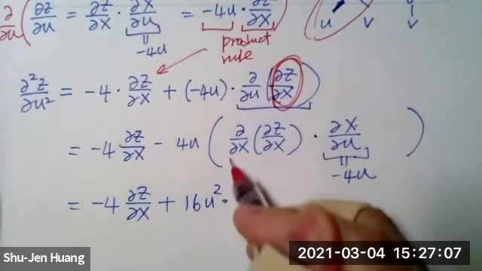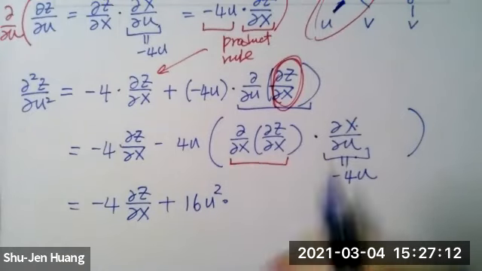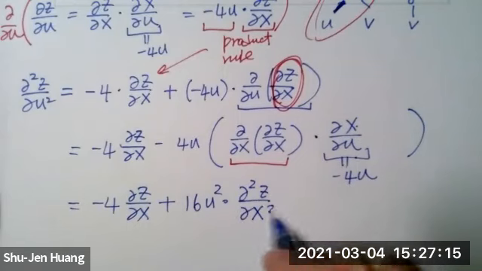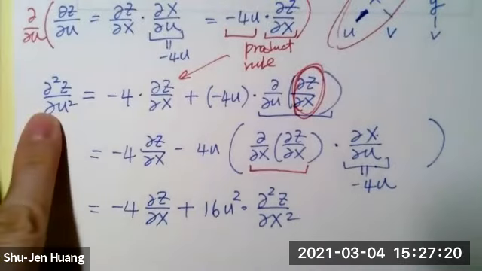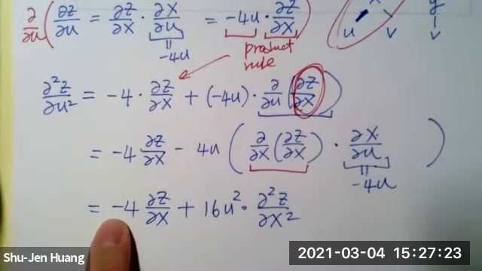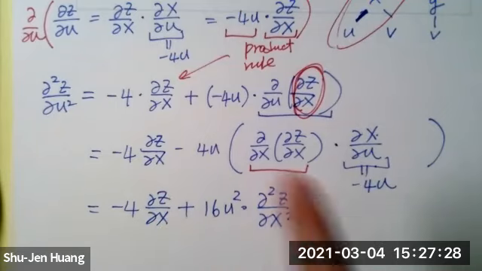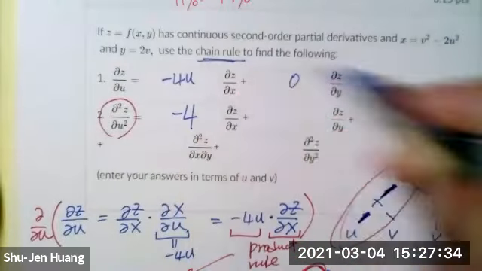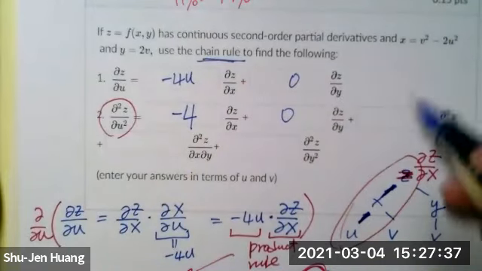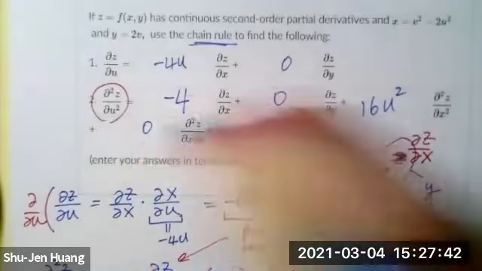And what's this? This is just the second partial derivative with respect to x twice. So now we have the answer: the second partial derivative with respect to u equals -4 times partial z partial x plus 16u squared times the second partial derivative with respect to x. We have -4 and 0, and that's 16u squared, and the other two we don't have, so we just put 0 there. That's the final answer.